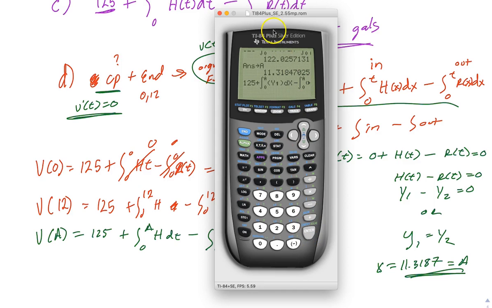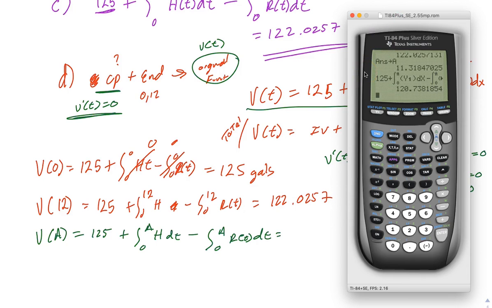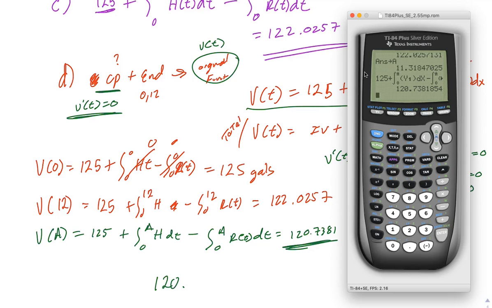And that would give me 120.7381. And that's the lowest. So that's my least value. So my least value is 120.7381 gallons.